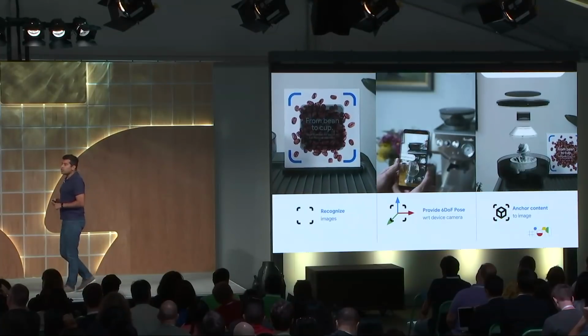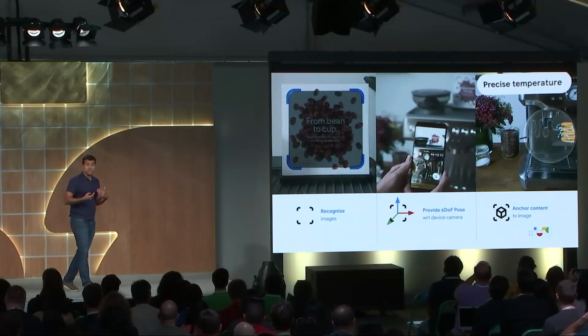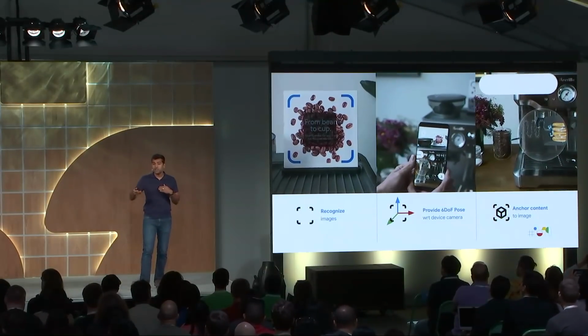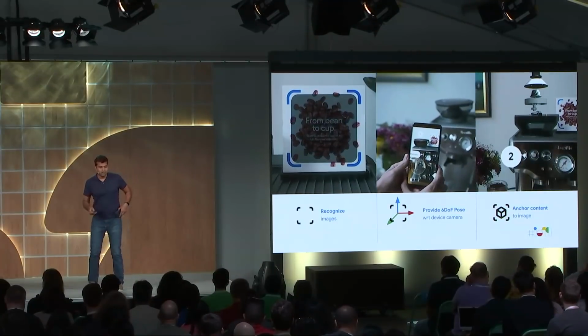Second, when the users scan the augmented image, augmented images will give you a 6 degrees of freedom pose of the device with respect to the image. What does that mean?